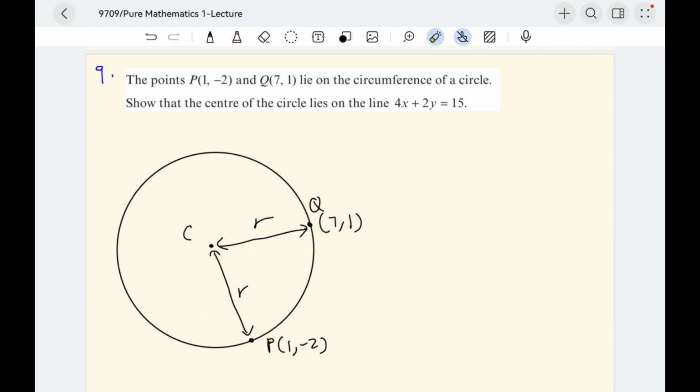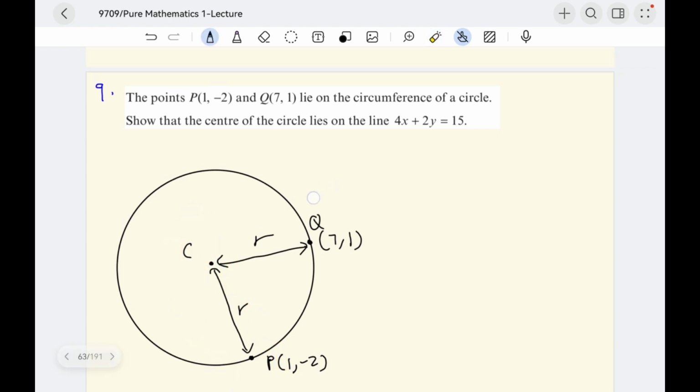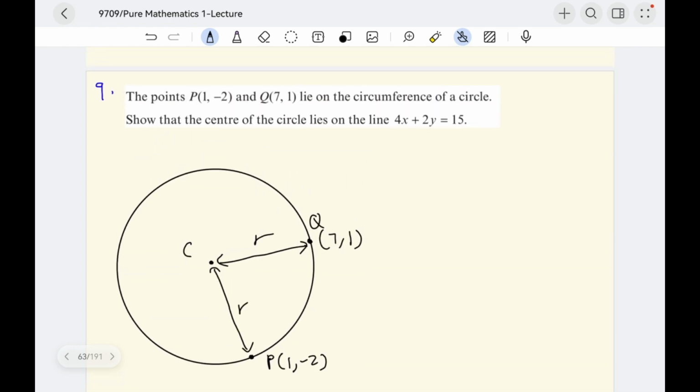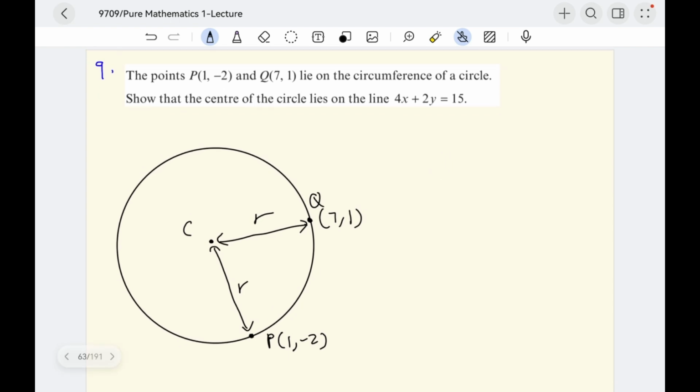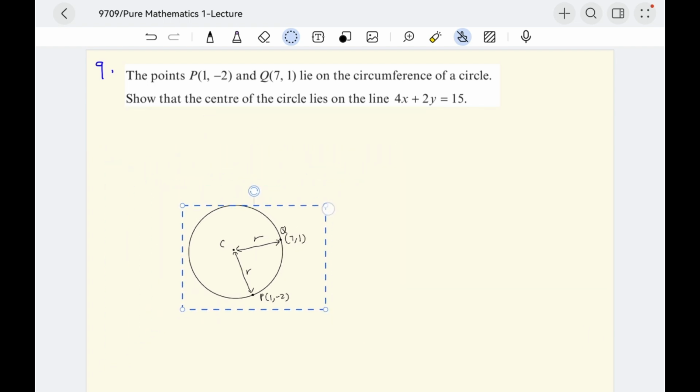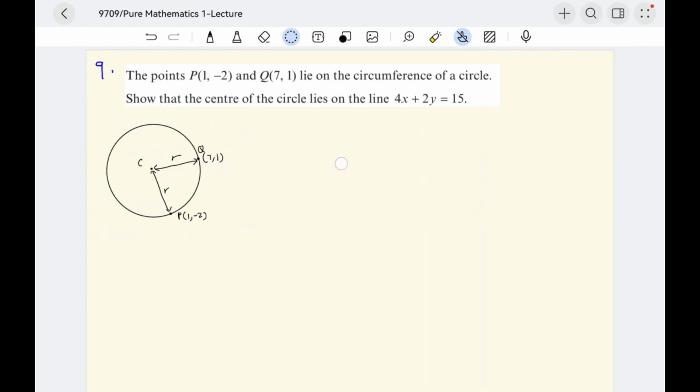Or I can rephrase it as the distance QC equals the distance PC, where C is the center of the circle. So you need to carry out the distance formula in order to find the center of the circle. Let me diminish this; it is easier for you to visualize and this is for your understanding.